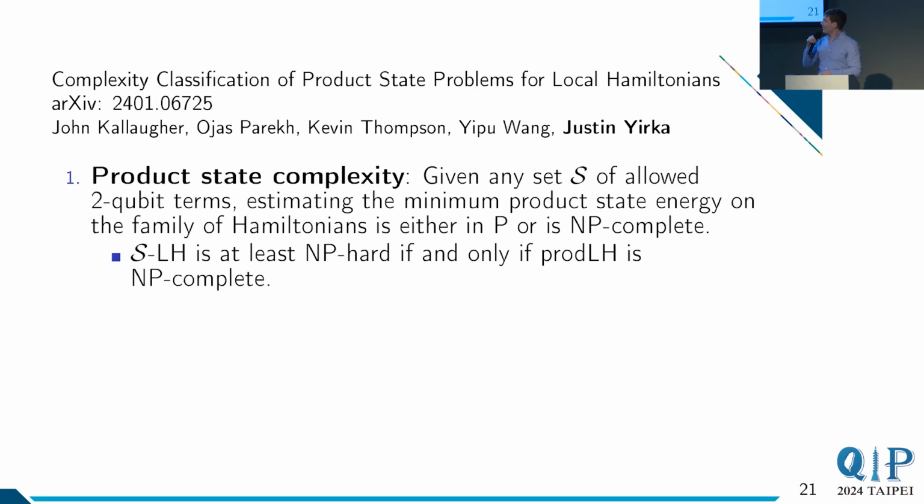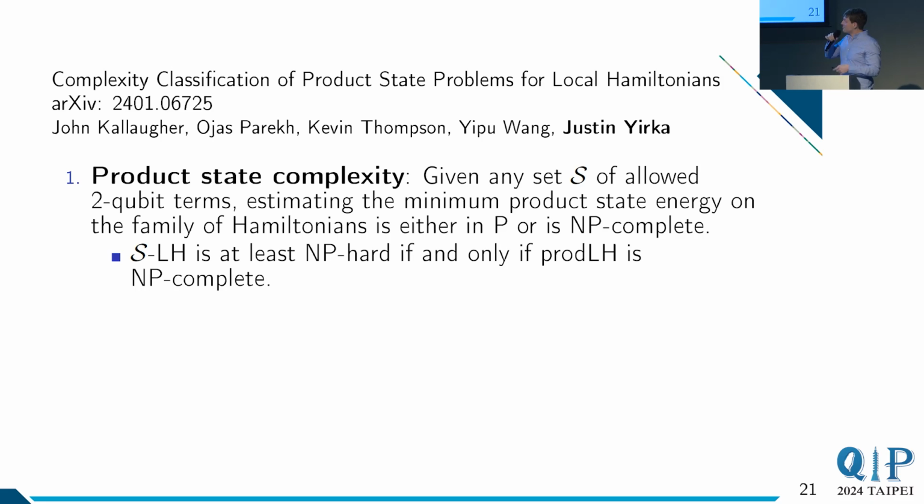Okay, so to summarize, our main result is a full classification of the complexity of product states for two local Hamiltonians. In particular, given any fixed family generated by some fixed set of allowed interactions, the product state problem is either in P or it's NP complete.